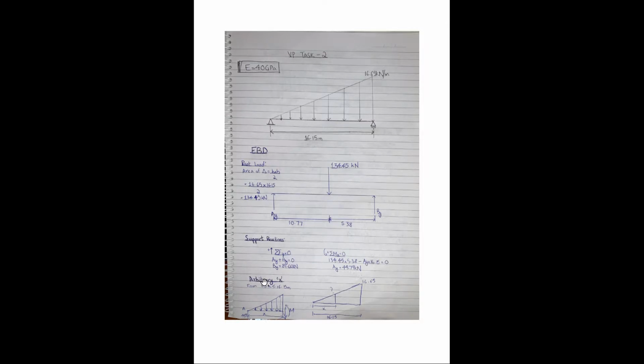Afterwards, we were asked to calculate the shear force diagram and the bending moment diagram. For that I used an arbitrary x value to calculate the V and M functions.